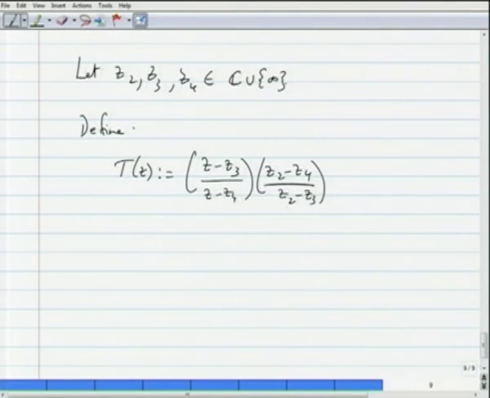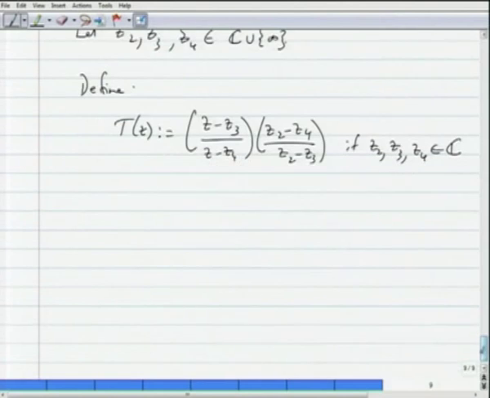This additional adjustment factor applies if all Z 2, Z 3, Z 4 belong to the finite complex plane, not infinity.